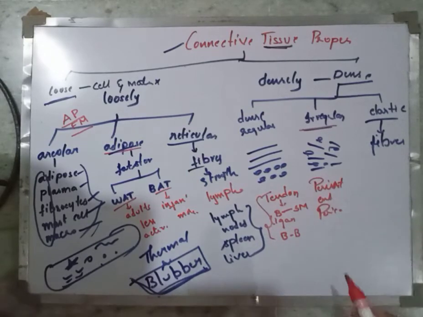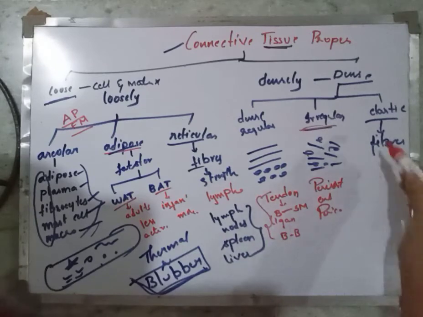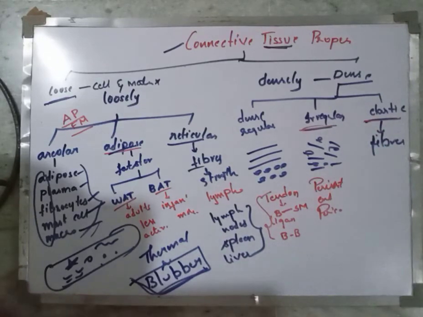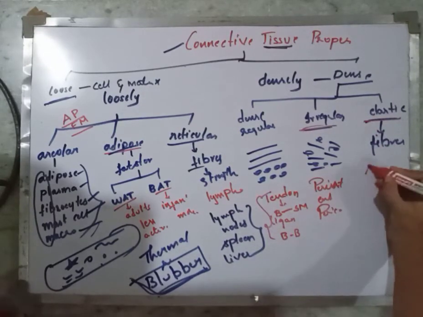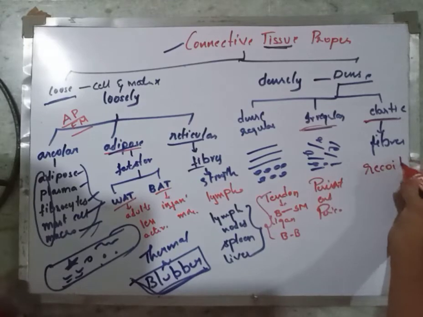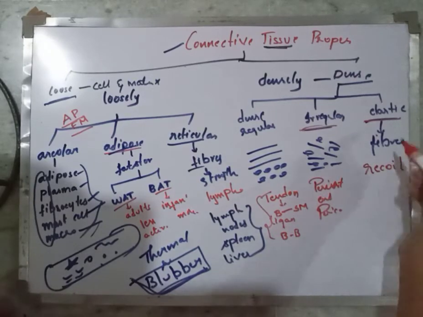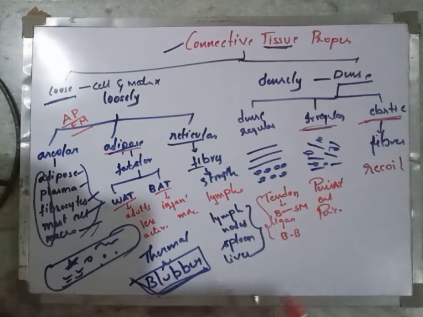If we take the structure of the elastic tissue, it can recoil to its original structure, because it contains elastic fibers, so it has the property of recoiling. If you stretch the elastic tissue into any shape, it again recoils into its original shape. So this is about the connective tissue proper, its classification and examples.